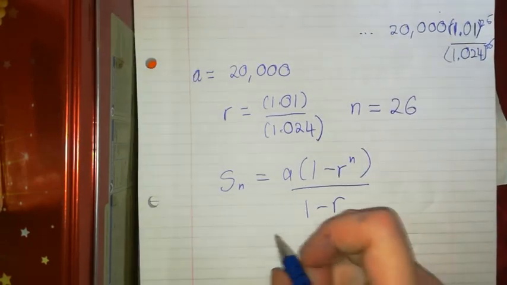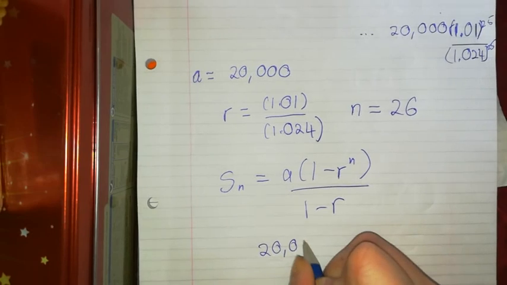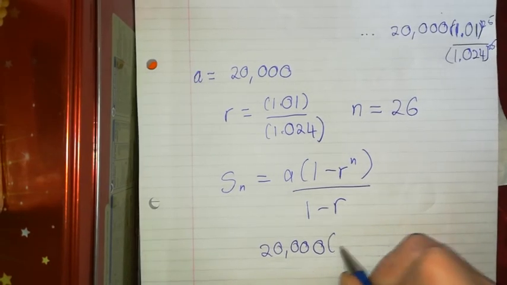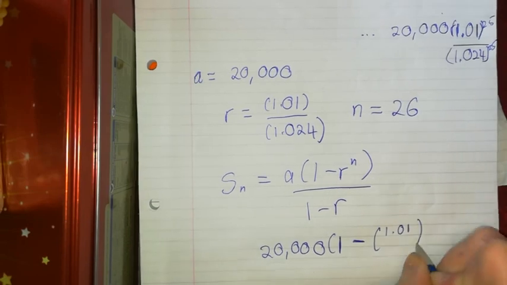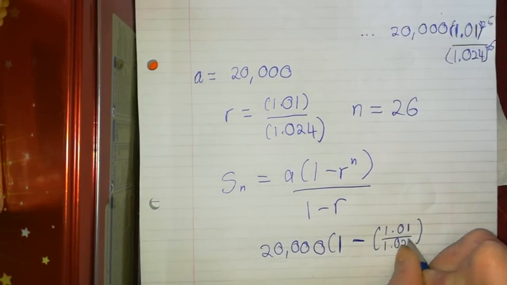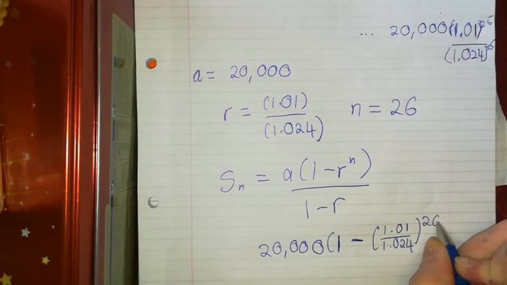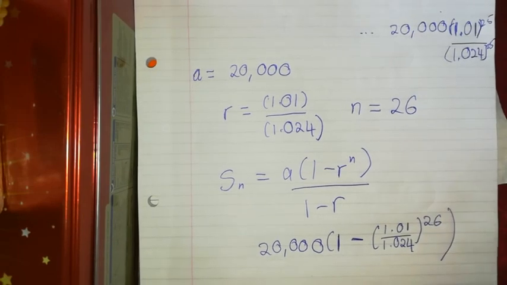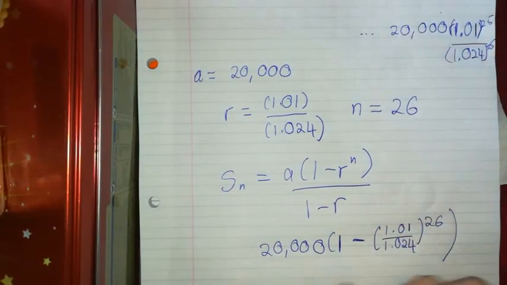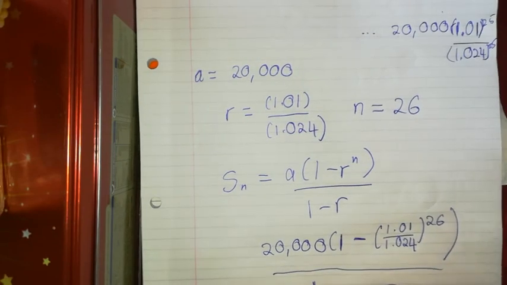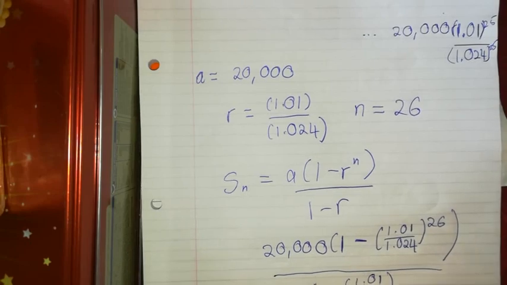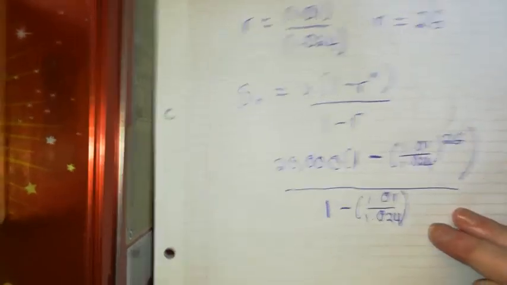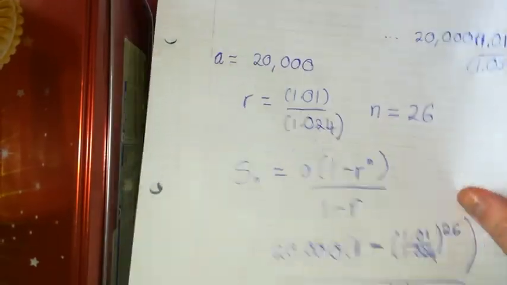So it's going to be 20,000 times 1 minus r, which is 1.01 over 1.024, to the power of 26 because the number of terms altogether is 26, over 1 minus 1.01 over 1.024. So I'm just going to have to work this out on my calculator.